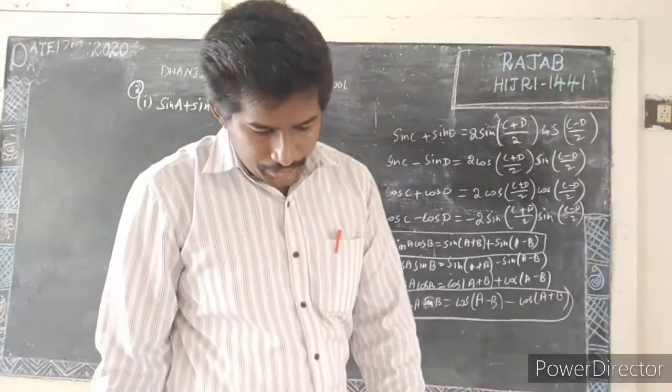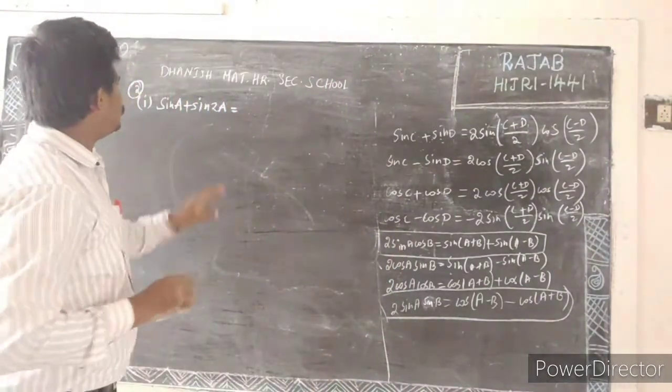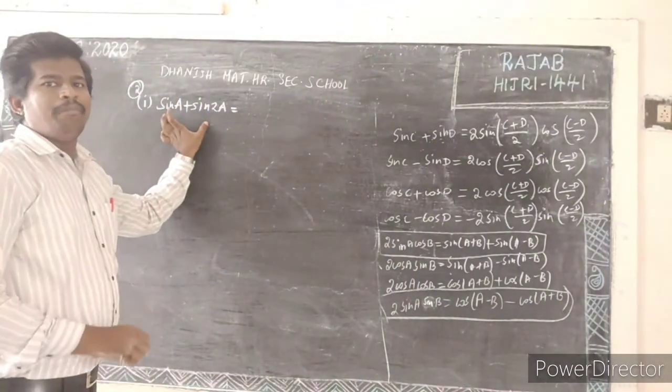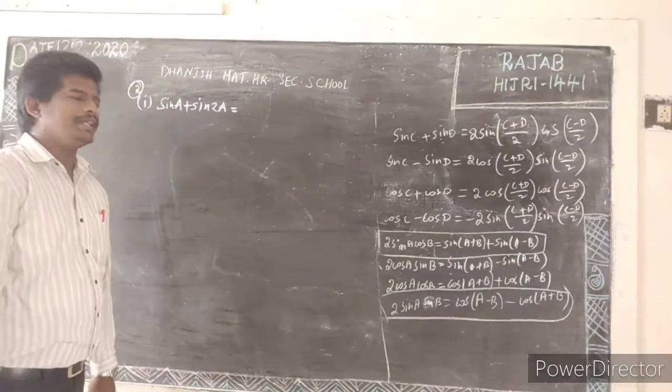Sin a plus sin 2a. Here we are going to express this sum as the product of sine and cosine.